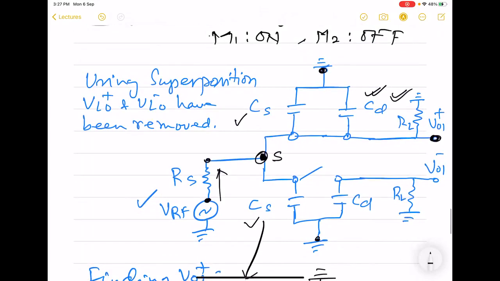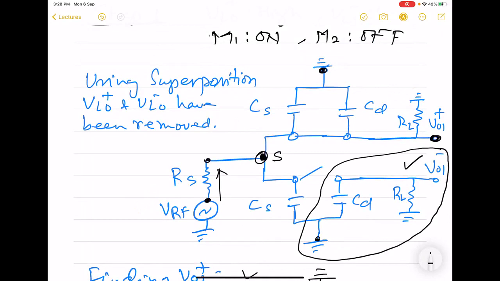Now we need to know what is this VO1 minus. Here we see that the RF signal is actually isolated from this VO1 minus node. So for VO1 minus, we have to find out this voltage, which is across RL, and there is this capacitor between this node, which is say drain 2, and this ground.